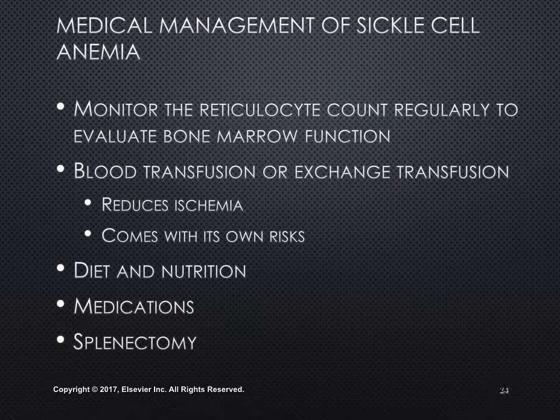And so with this, because it's a form of anemia, you would have an increased reticulocyte count if you were anemic from the sickle cell anemia. We also give blood transfusions or exchange transfusions because that will reduce the ischemia.